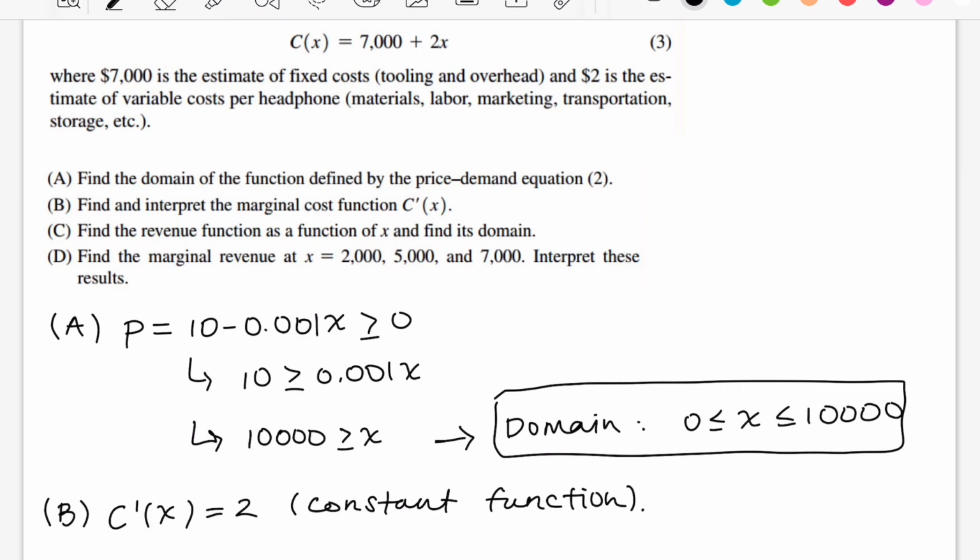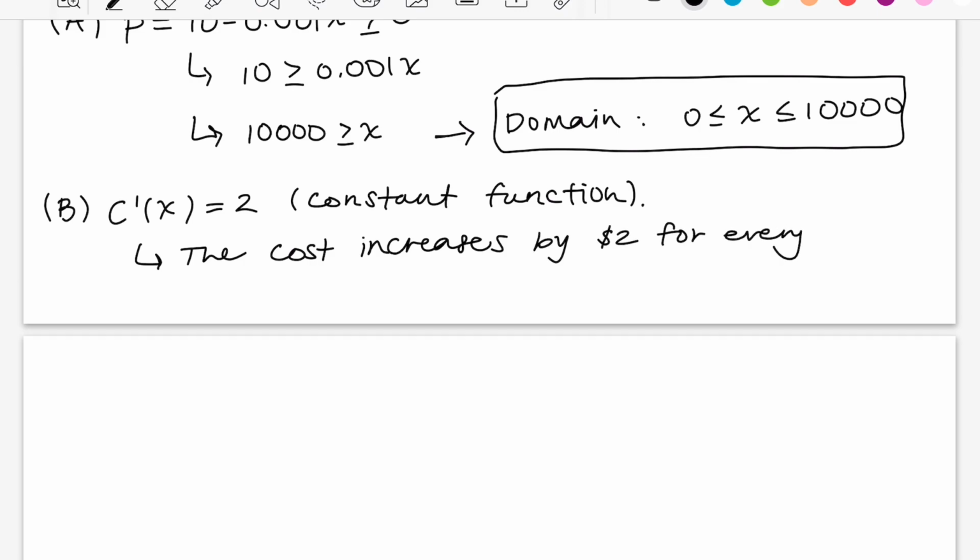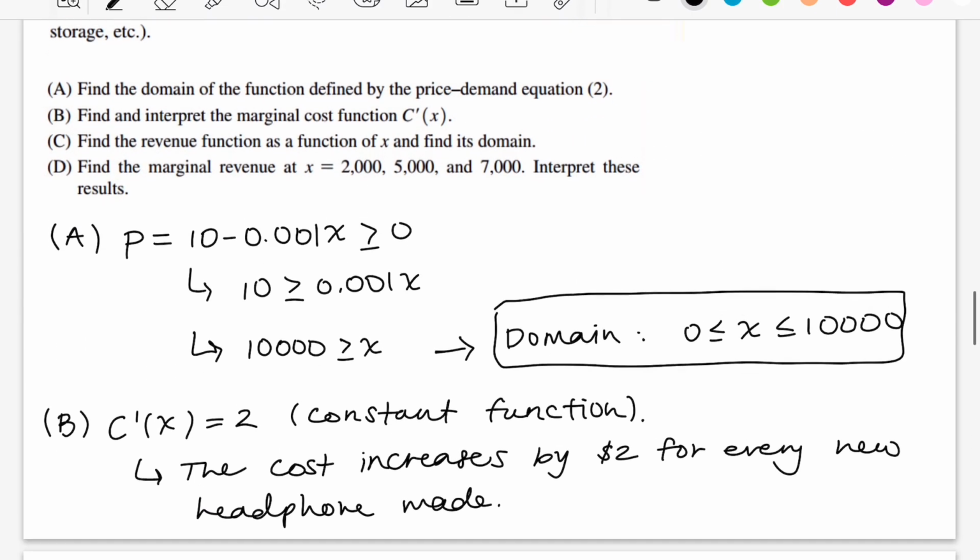Essentially this tells us that the cost is going to increase by $2 for every new headphone made. So it's going to be constantly increasing by $2. So I'll write that here: for every new headphone made. All right, so that's how we interpret that.